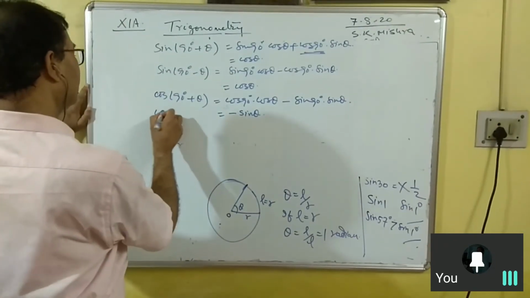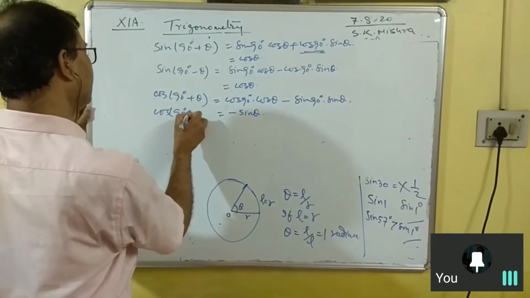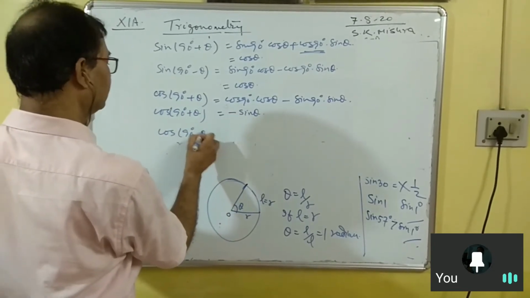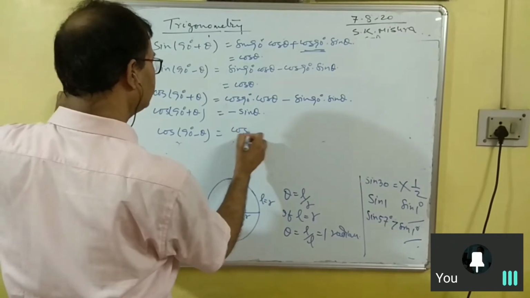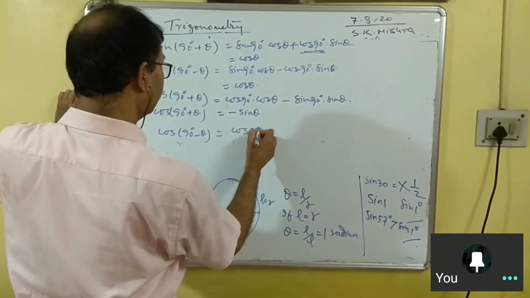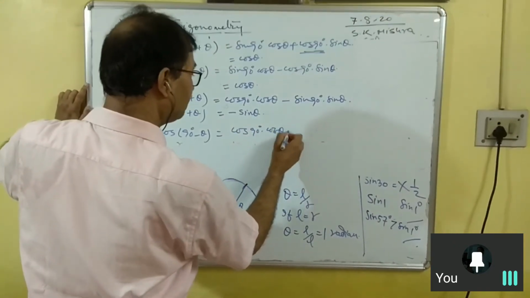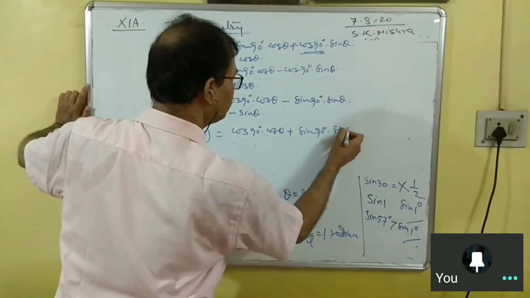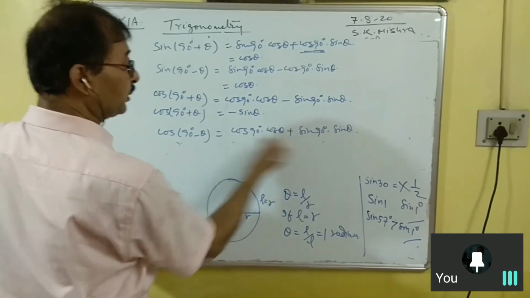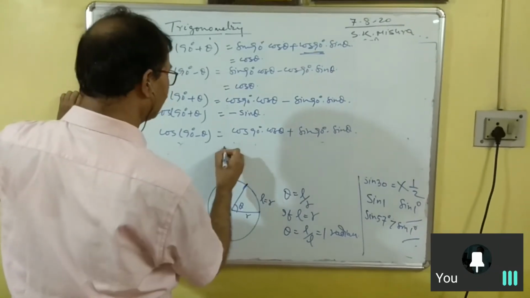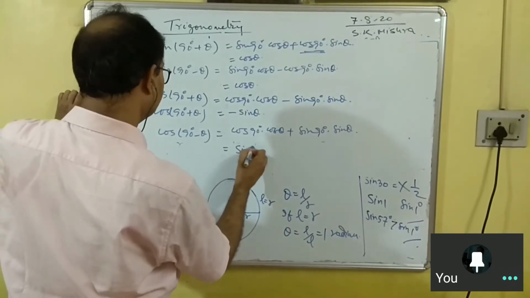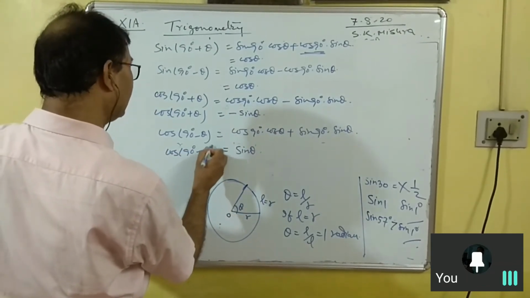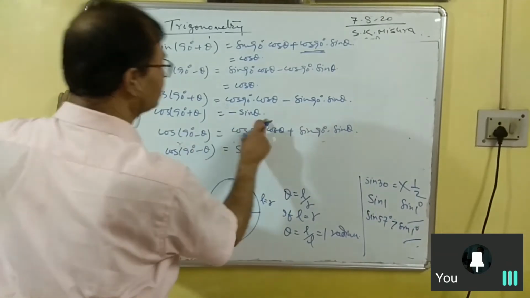Similarly cos 90 minus theta: cos A cos B plus sin A sin B. Again the first part is 0, sin 90 is 1, this is sin theta only. So cos 90 degree minus theta is sin theta, whereas cos 90 plus theta is minus sin theta.